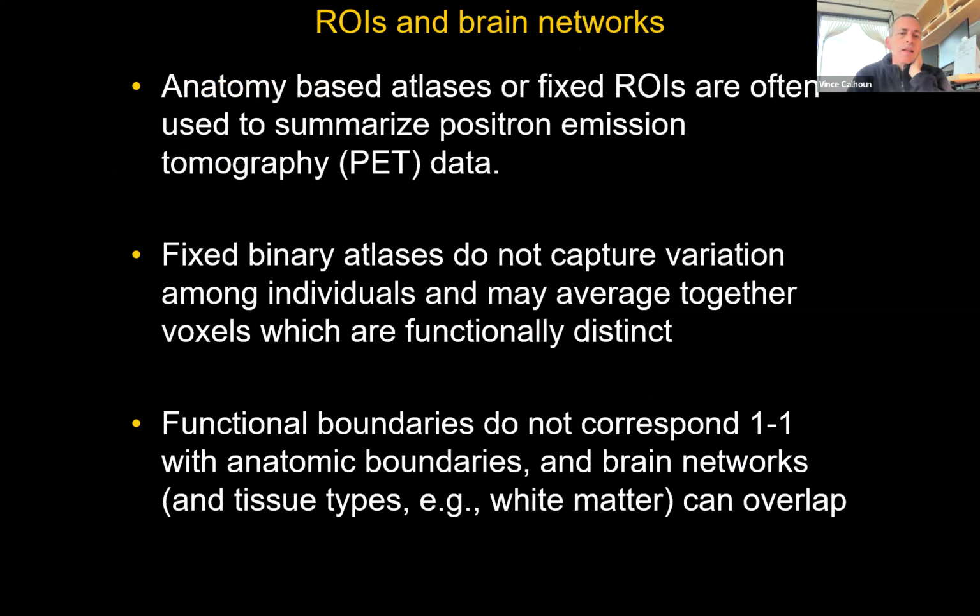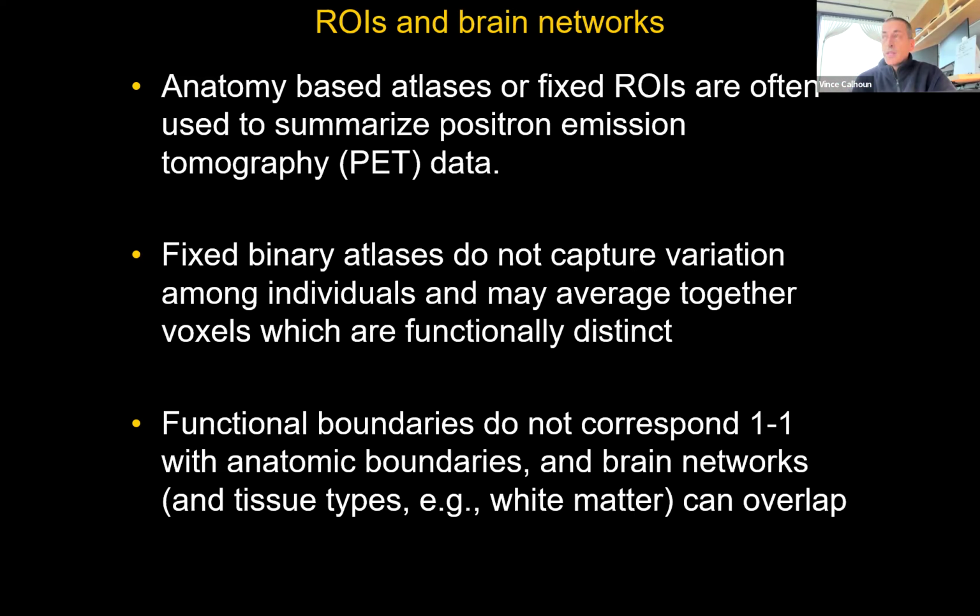Oftentimes, the atlases we use are based on anatomic regions, and they're typically fixed. We take an atlas, we register it to a subject, and then those are fixed, and you're either in or out. Those atlases are very useful, very powerful. However, they have some limitations. For example, they don't capture variation in those ROIs among individuals.